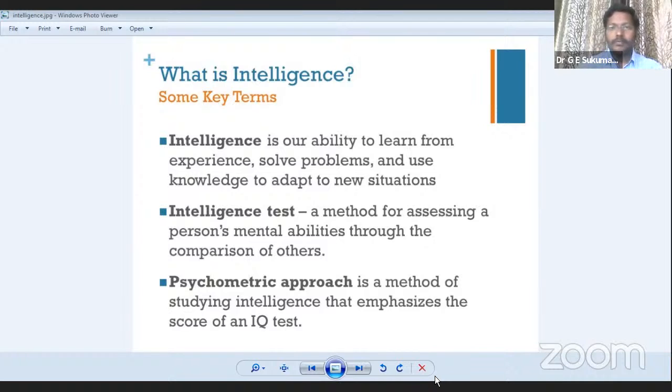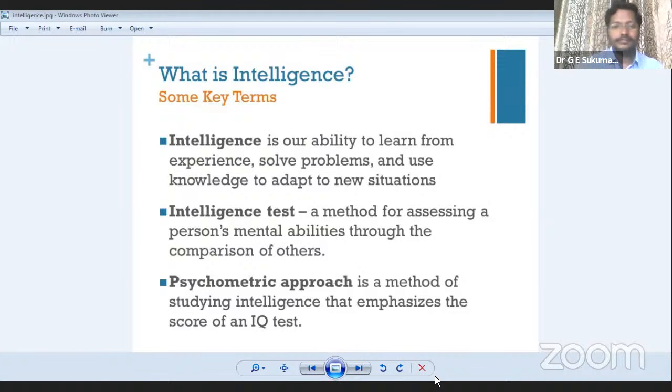Problem-solving ability is our intelligence. Different psychologists have come up with different definitions. Based on that, this is how we can describe intelligence: our ability to learn from experiences, solve problems, and use that knowledge to adapt to new situations.